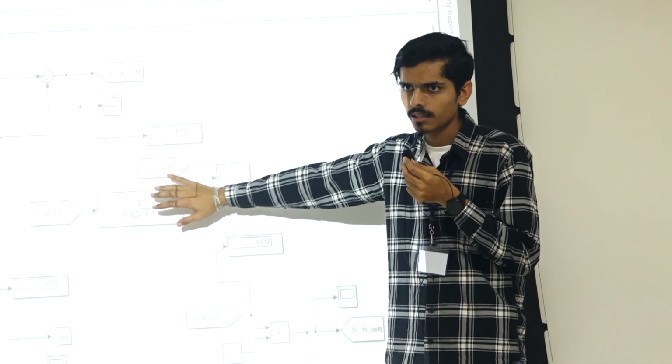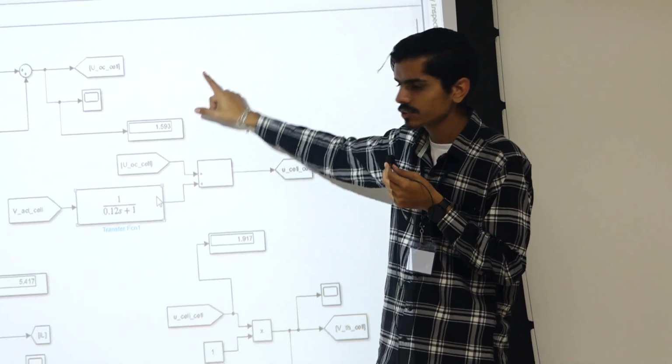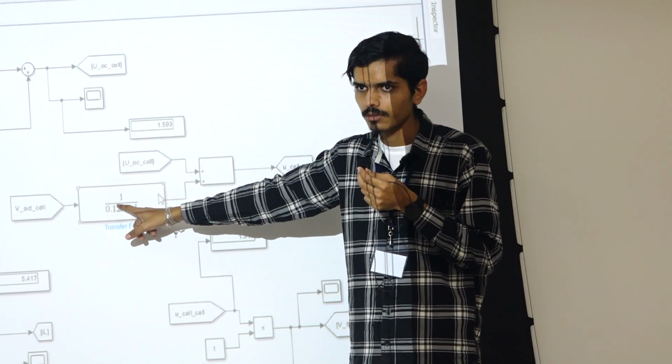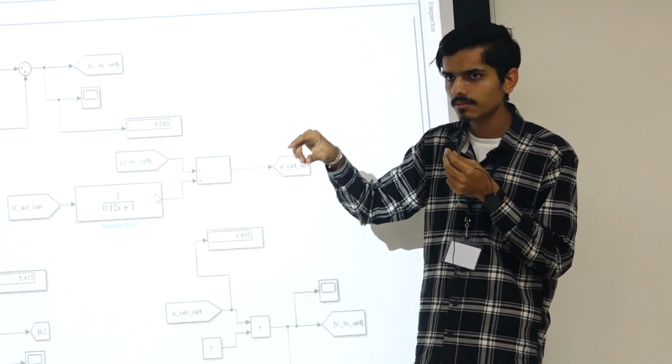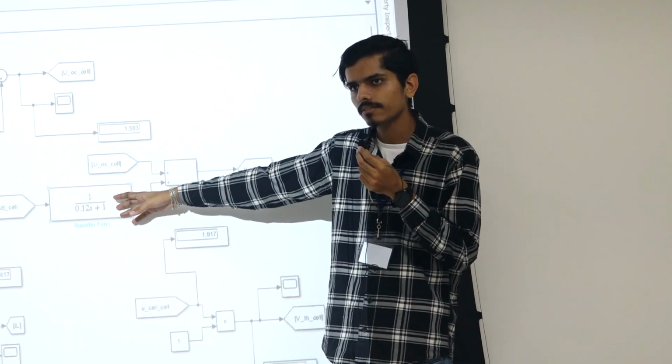Transfer function block. Like in our electrical model, we have a capacitance. So to represent that tau, the time constant RC, we have this value, because our electrolyzer has some capacitance effect, an inbuilt double layer capacitance. Due to that inbuilt double layer capacitance, we have this transfer function block here. We can replace it by a unit delay function, or in simulation, if we want to ignore that, we can ignore it.